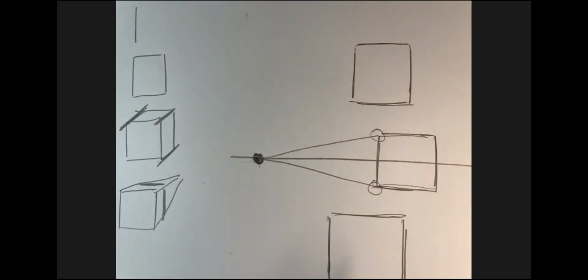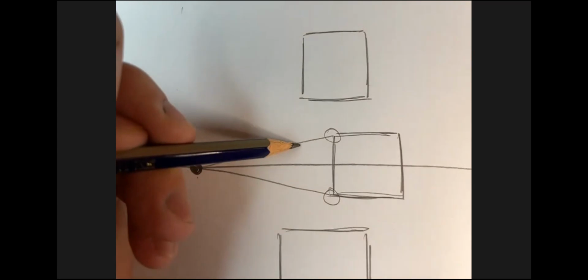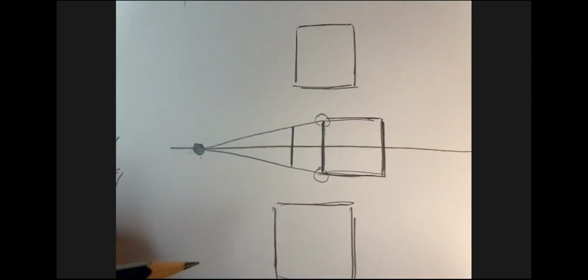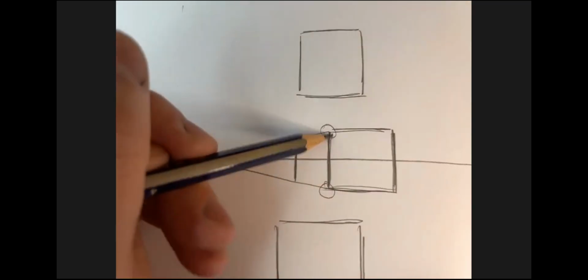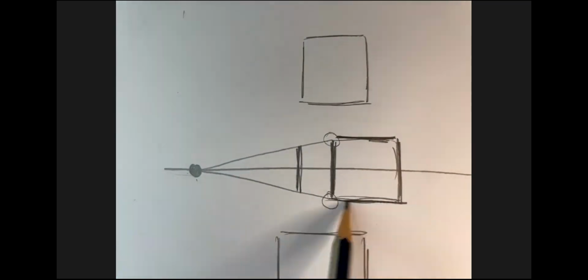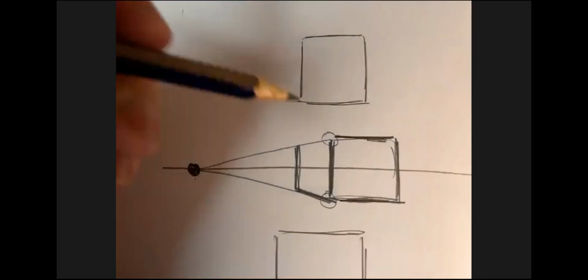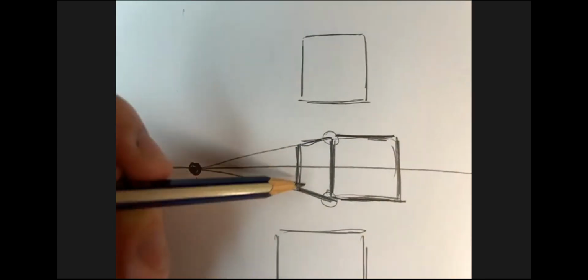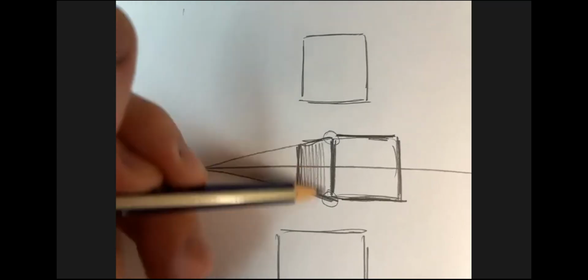So we will use rulers for these later, but for now we're not. And then I'm just going to draw another vertical line. So you can see that this is made up of 3 different lines. There's the vertical lines, the horizontal lines, and then the perspective lines. So that's giving us the side of a cube.